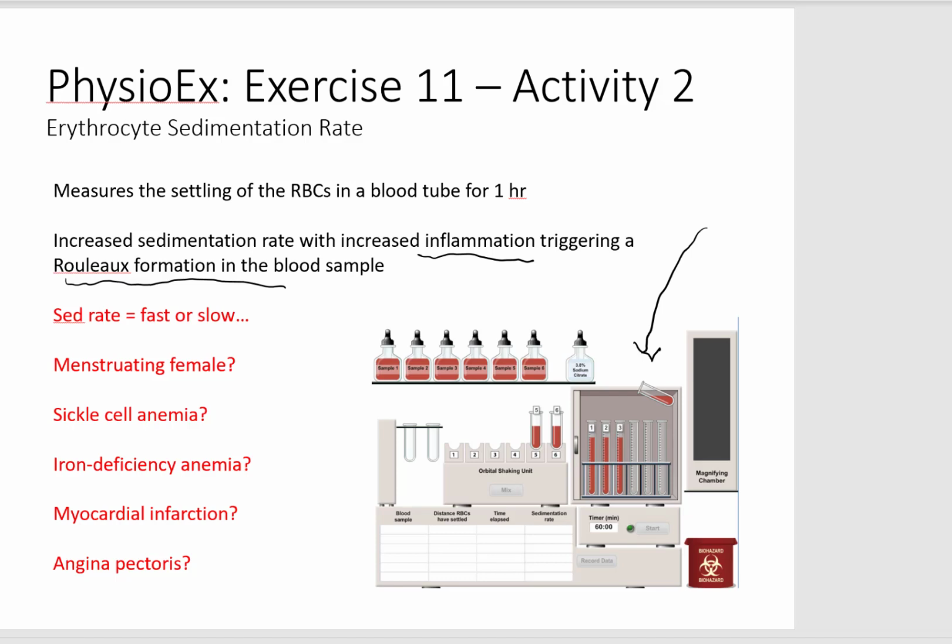So there are some inflammatory markers, proteins, that are released into our blood. And there is more of a Rouleaux effect when we are menstruating. So remember what that student said, they're inflamed. They're inflammatory to everyone. Well, it's not an outside Rouleaux effect, is it? It's inside. So that's why she has a faster SED rate.